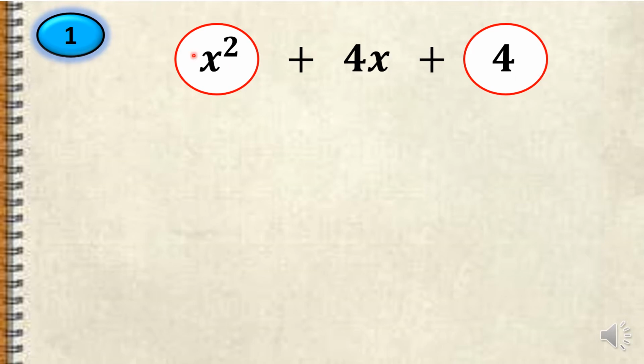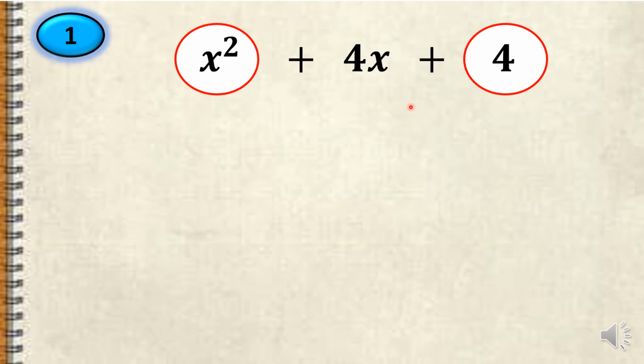For x squared, our first term, always remember that it has a numerical coefficient of 1, and 1 is considered a perfect square number. And for our last term, you have 4. So 4 is also a perfect square number. Meaning, this expression can be factored through perfect square trinomial.